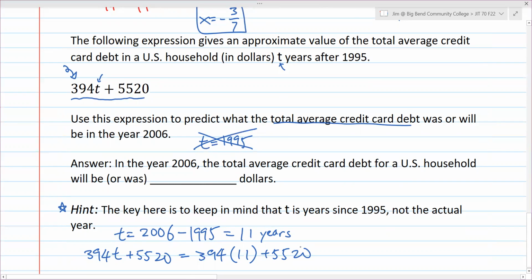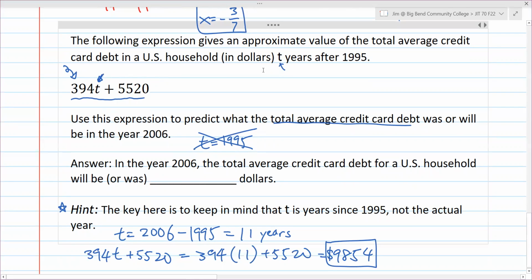It's too tough to calculate this one by hand, so that's why, again, a handheld calculator is allowed. And then we'll find that the debt within 11 years is $9,854. You can put down a dollar sign if you want. So that's how you evaluate a result from a function. There's always an independent variable for you to plug in for finding the result.